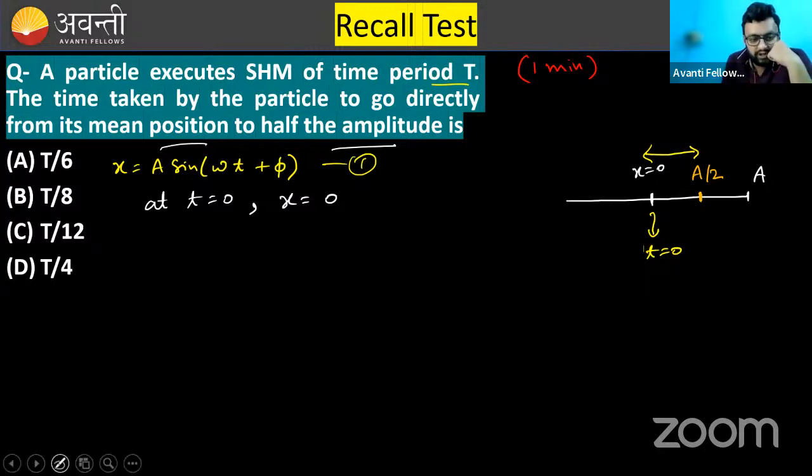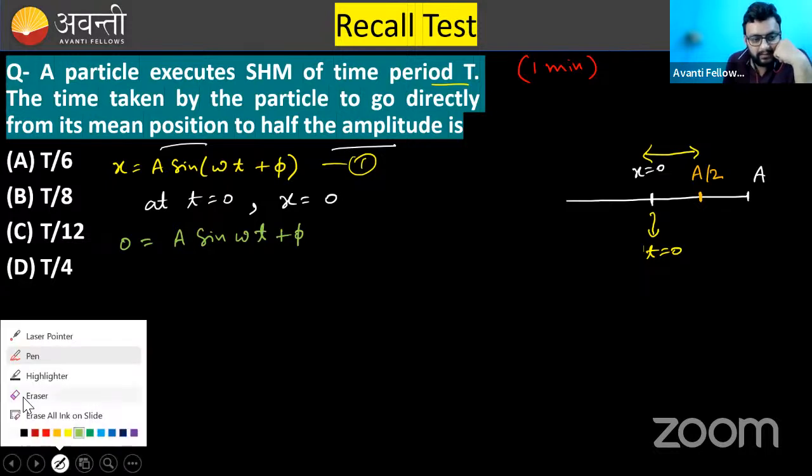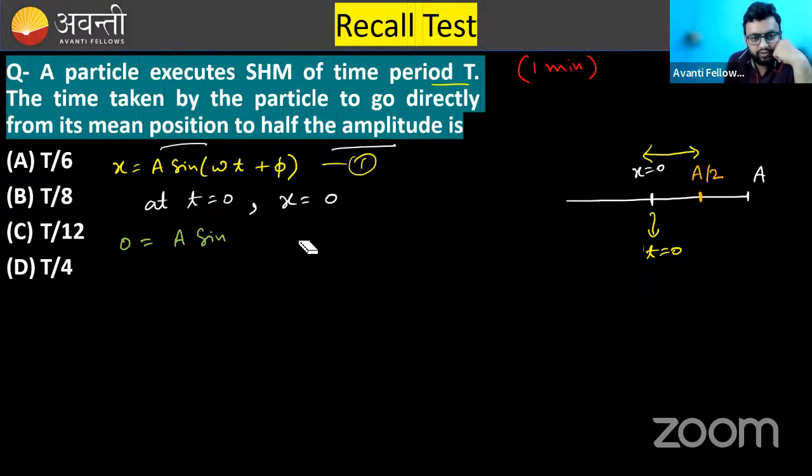If I put this in equation number 1, what I will get, 0 is equals to a sine omega t plus phi. And in this relation, if you can see, t is also 0. I will get sine phi because t is 0. Okay.